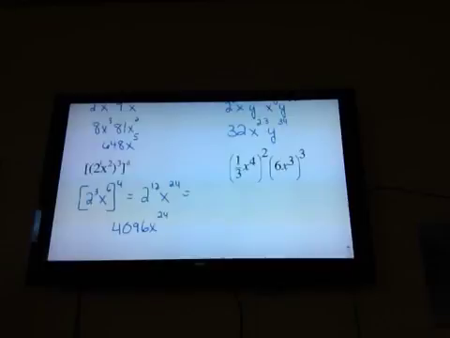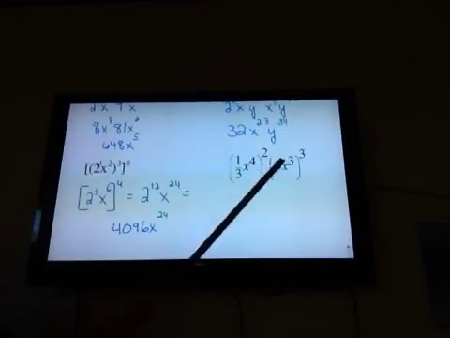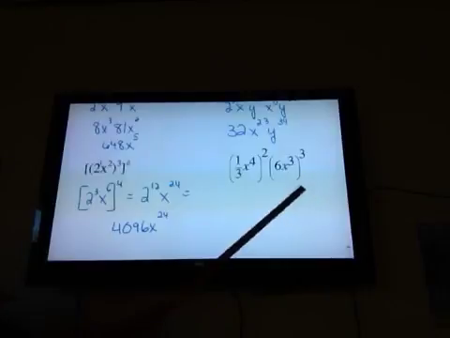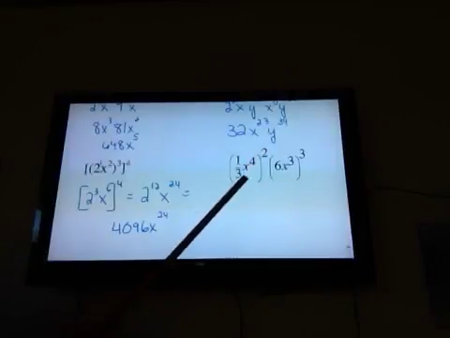Okay, so my next one. I have a fraction. I don't like fractions, but order of operations would be important on this one. You have to simplify each factor before you can multiply them, because the powers come first.